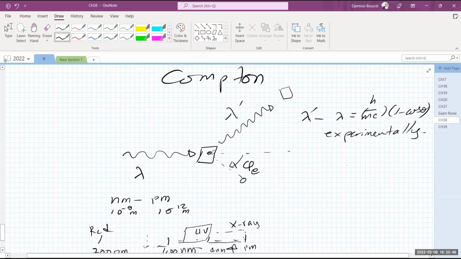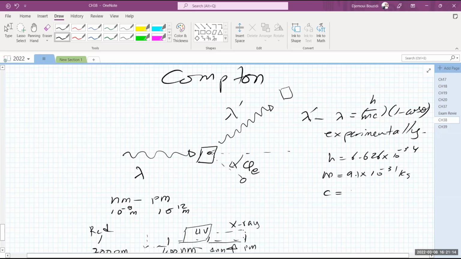In other words, the wavelength has shifted toward longer wavelength, by this amount. Obviously, this amount is a small one. h is 6.626 times 10 to the negative 34. The mass of the electron, m, is 9.1 times 10 to the negative 31 kilograms.